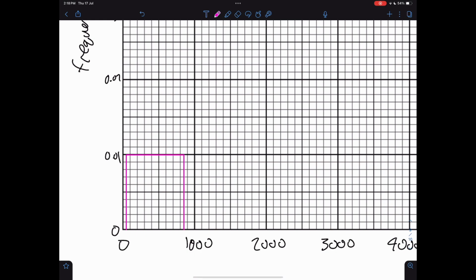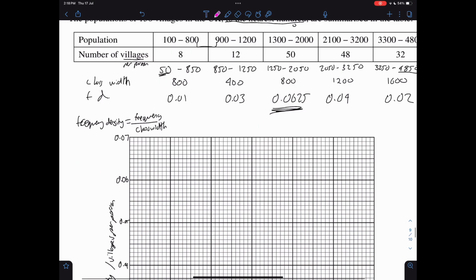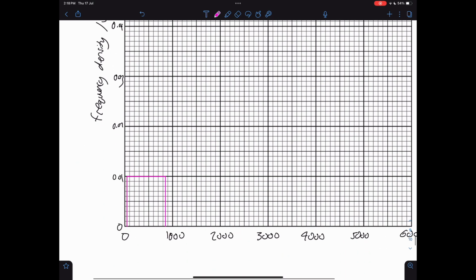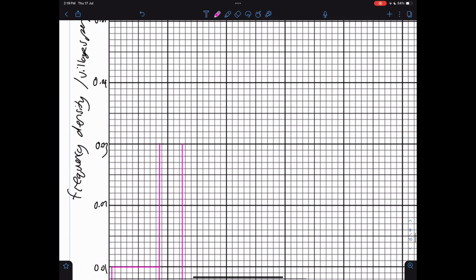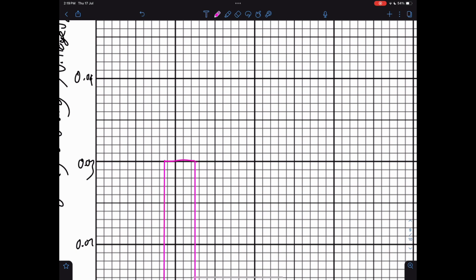And then for the next one, we want to go 850 to 1250, and we're going up to 0.03. So 1250 is going to be here. And we'll just connect that bar there.